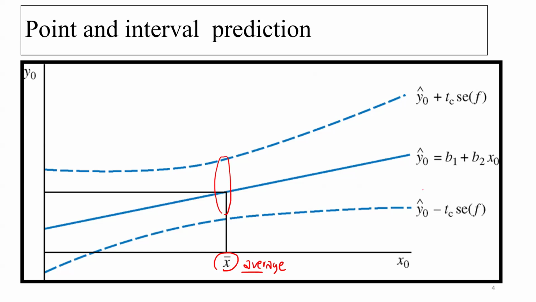It means if you use an extreme value, a value completely different from your sample, the variance will become higher and higher, and the accuracy will not be so good. So this is the variance of the estimation. The closer to the average, the more accurate the model.